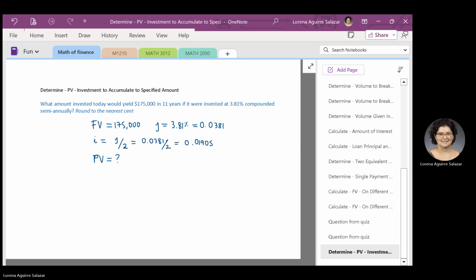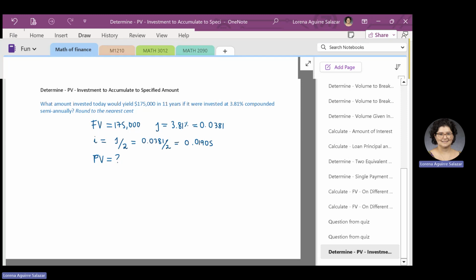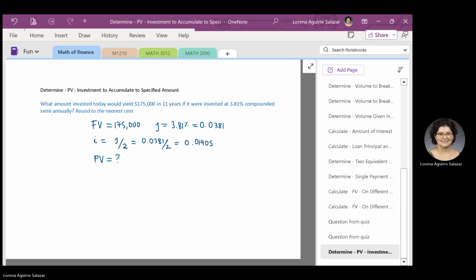And we need to know a relationship between that principal amount or present value and the future value of an investment. It turns out that the present value can be written in terms of the future value using future value divided by 1 plus the periodic interest rate to the n, where n is the total number of compounding periods during the term.